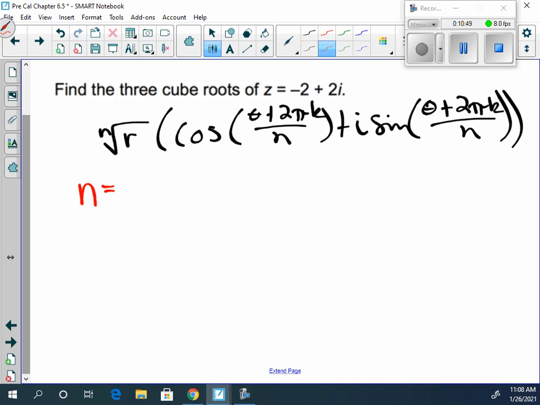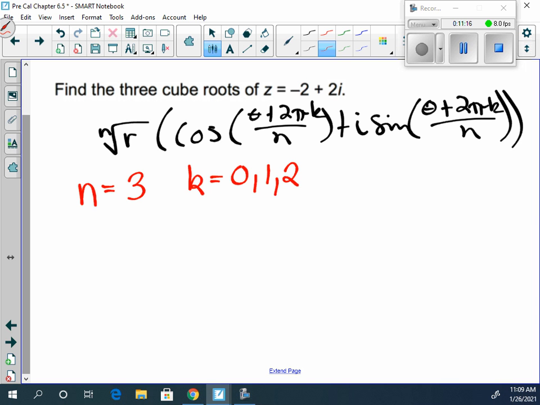Well, what would n be? How many roots are we taking? Find the cube roots, because we're talking about cubes, we're talking about 3. So the 3 roots, so n is 3. Well, k is going to start out at 0, 1, where do we stop? 2, because we go to n minus 1. Well, 3 minus 1 is 2, so we have those.